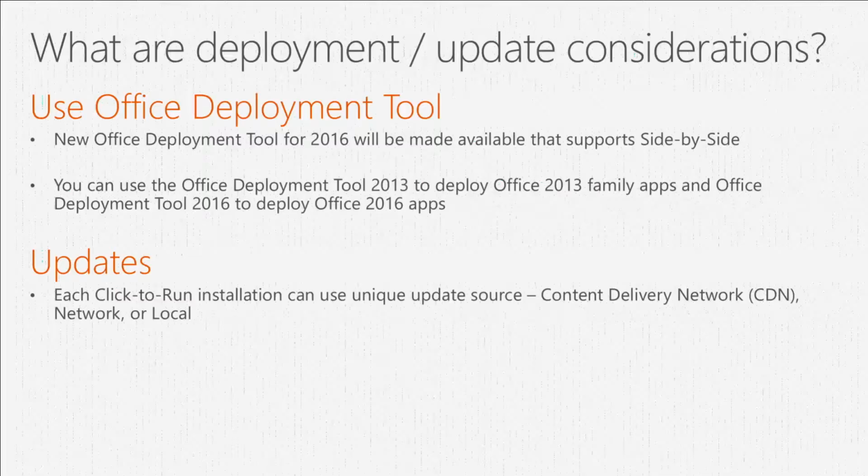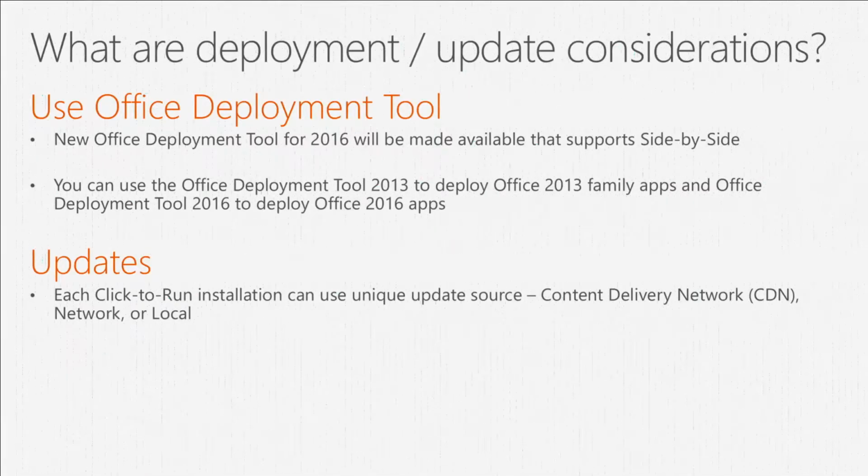Again, in terms of updates, each click-to-run installation can have its own unique update source. One could be coming from the cloud, one could be coming from a local share. That's totally fine. You don't have to stick with one update method for both, okay?